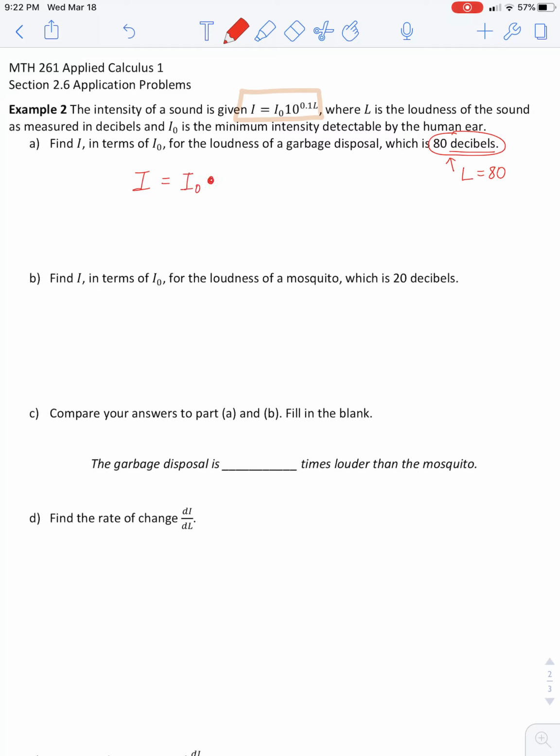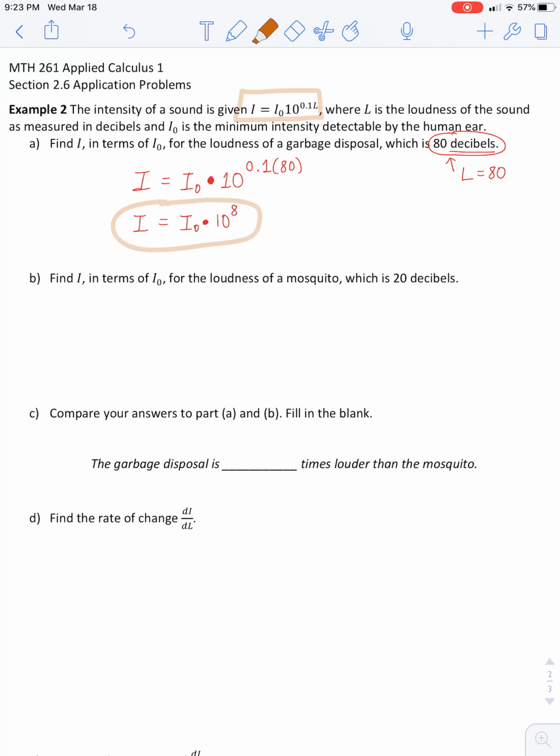They never gave it to us. Times 10 raised to the 0.1 times 80. Now let's simplify that. I equals I naught times 10 raised to the 8. Okay, and that's it.